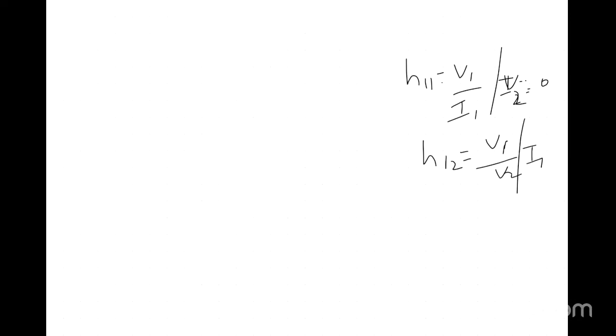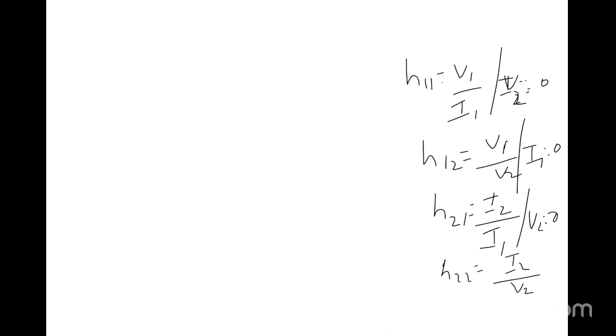The third term is H21, which equals I2 by I1, with V2 constant. The last term is H22, which equals I2 by V2, with I1 equal to 0. So these are called H parameters.